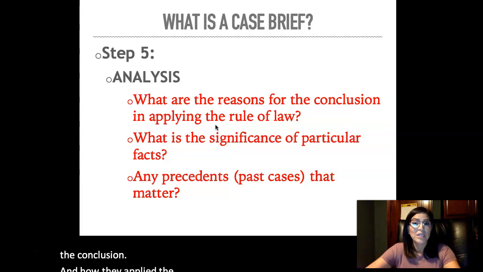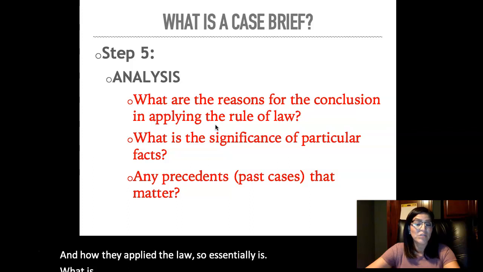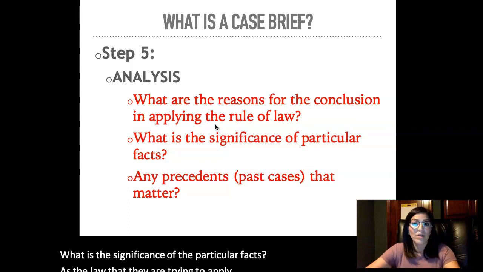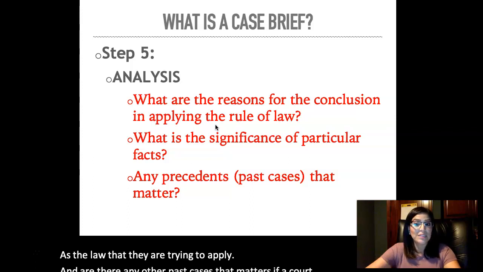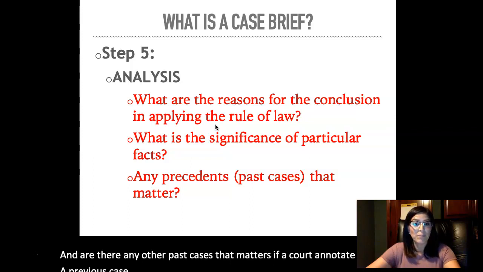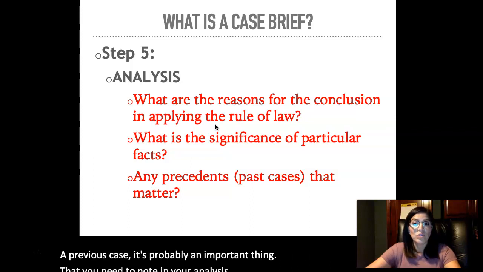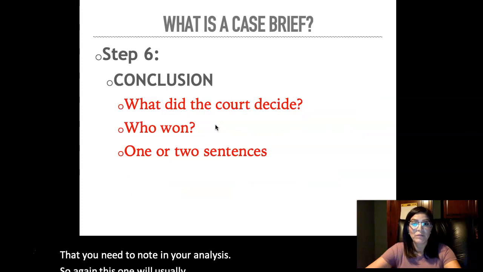So essentially, what is the significance of the particular facts as to the law that they are trying to apply? And are there any other past cases that matter? If a court annotates or cites a previous case, it's probably an important thing that you need to note in your analysis. So again, this one will usually have a couple different paragraphs.